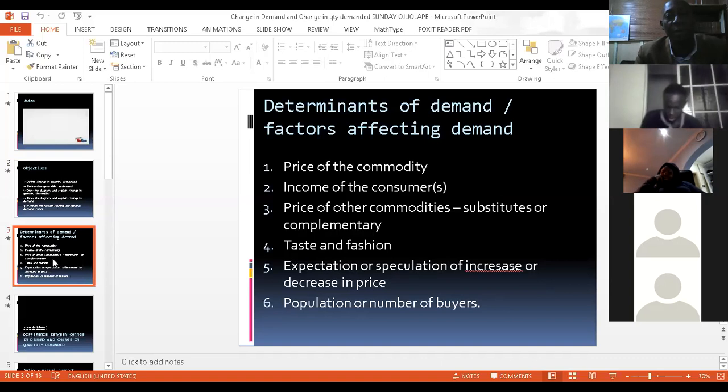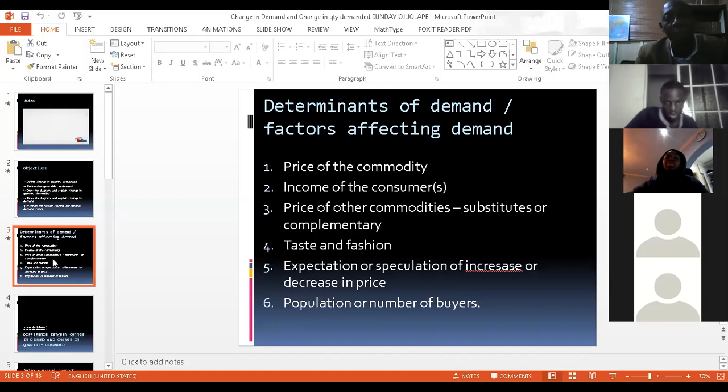There is the law of demand, which states that the higher the price, the lower the quantity demanded. The lower the price, the higher the quantity demanded. So price is one of the factors that determine demand. Price is one of the determinants of whatever quantity an individual or a group of people will buy of a particular commodity.